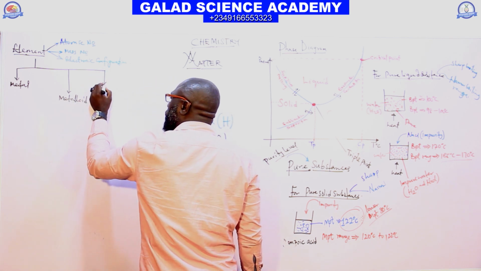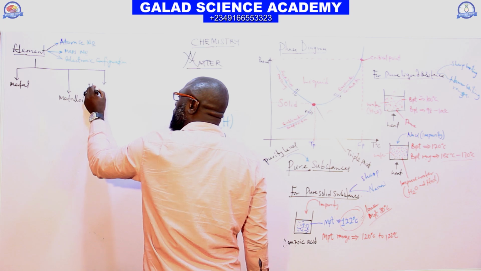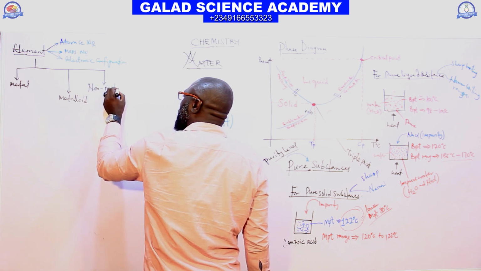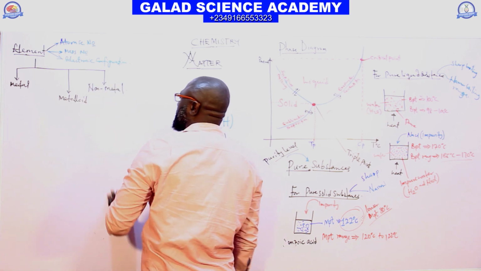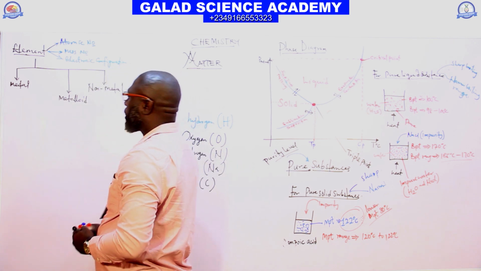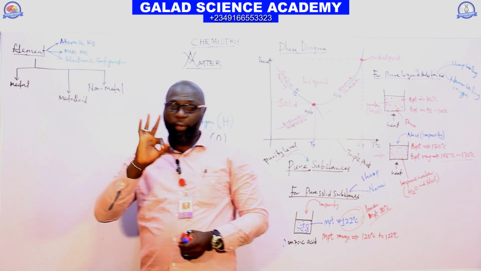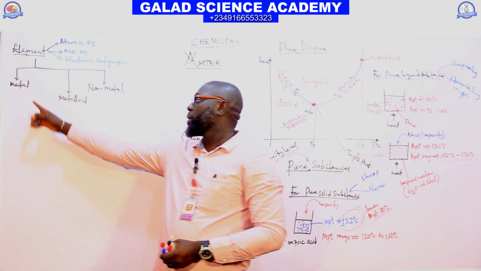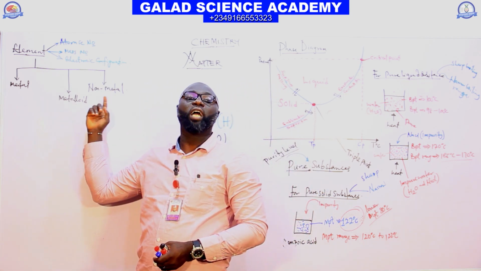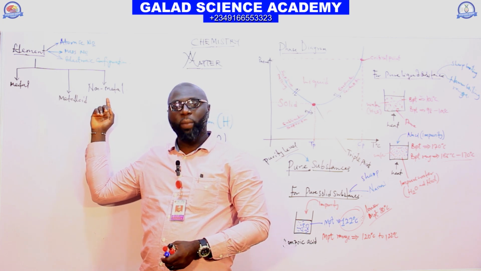The third one, we have non-metals. So all the elements we have in the periodic table can be grouped into three basic parts: metals, metalloid, and non-metals.